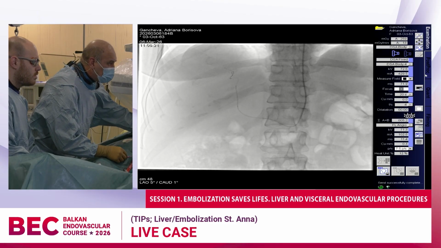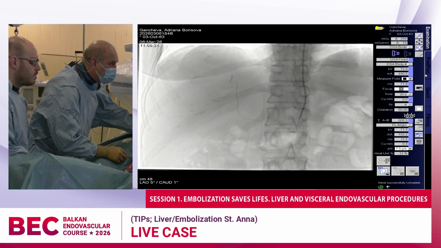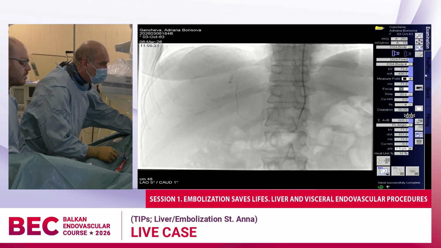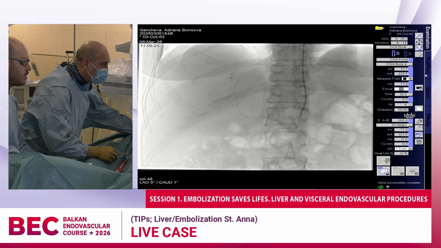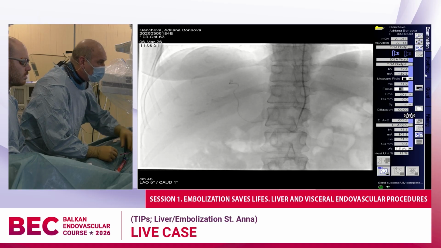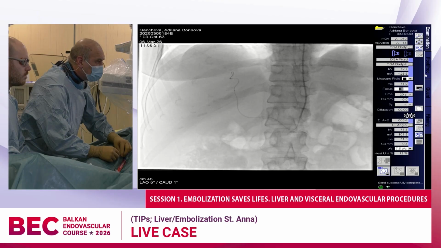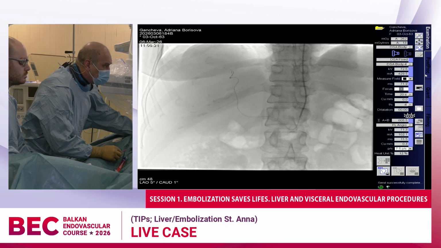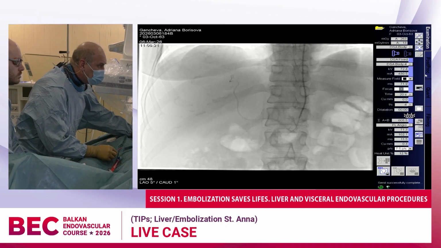I'll try to go in there. So 2.4 is the catheter that we selected here.